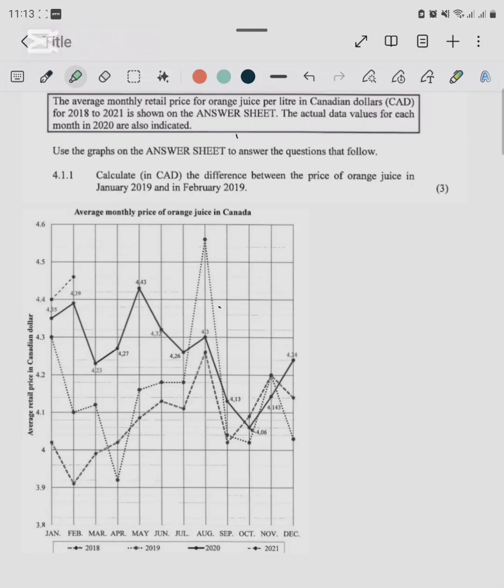So if we go to the graph, we see 2019 is the dotted line, and January would be over there, and February was over there, and then they just want the difference, and difference we know is subtract. So 4,3 minus 4,1 gives you 0,2 Canadian dollars.